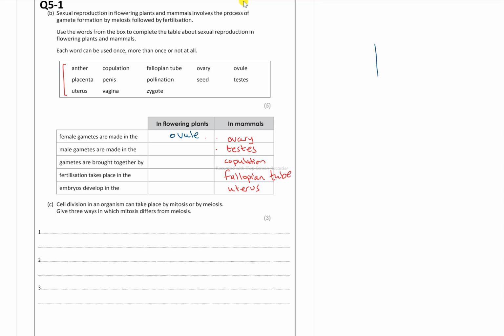Remember you had this structure is the ovary, and you've got ovules here. This is the ovule, and inside you've got the ovum. So the ovule produces the egg inside.